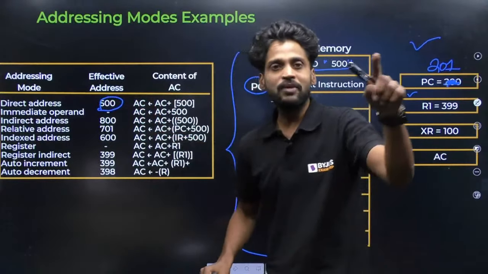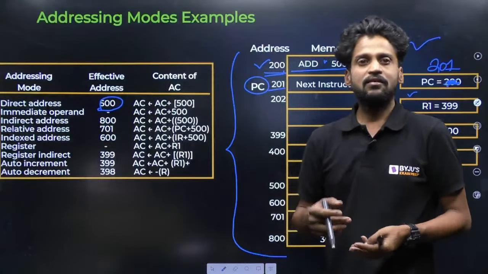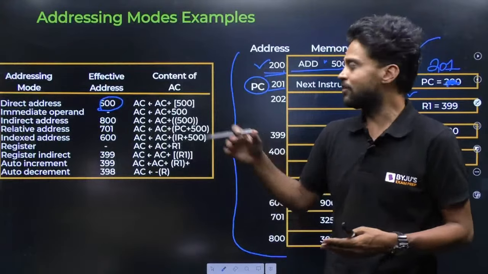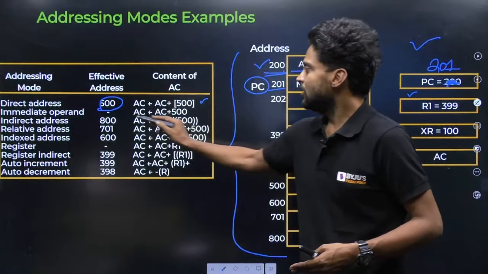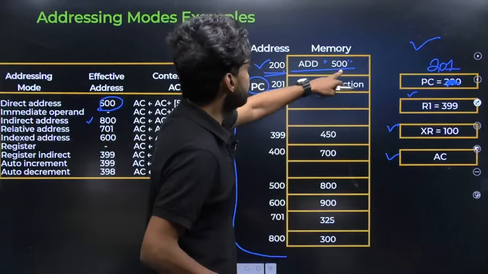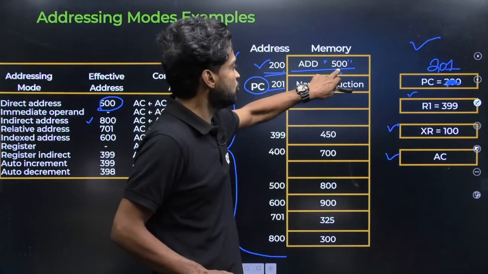That is, we need to go to main memory location 500, and thereby we get the data. Finally, the contents will be added to the accumulator: accumulator plus memory of 500. In the indirect addressing mode, what is going to happen? This 500 is no more an operand.